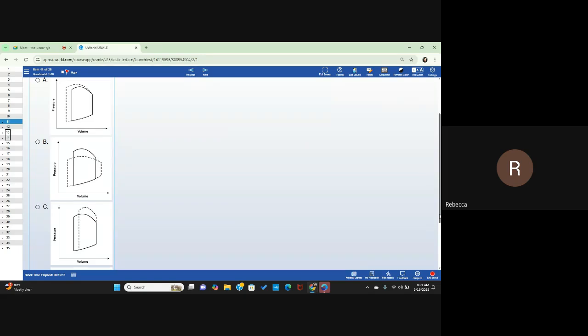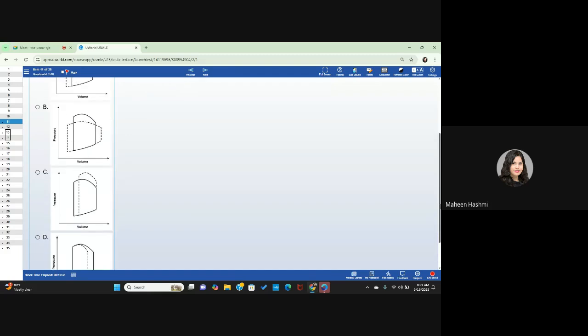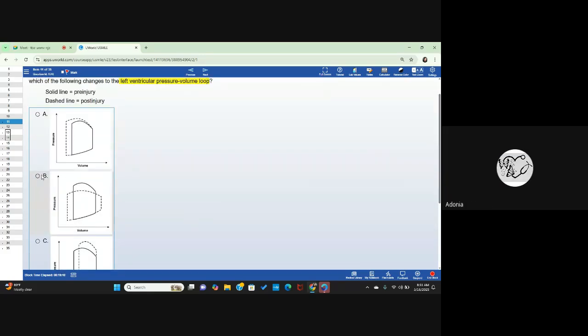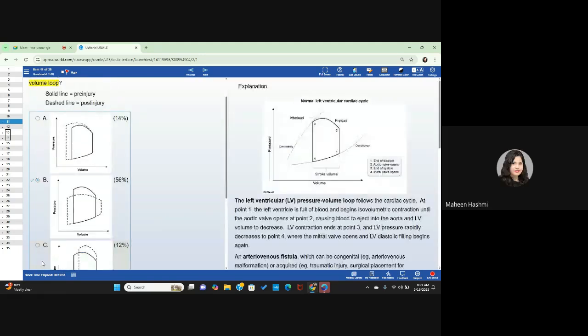So I'll go for B. What will happen in AV fistula? Okay, what does happen in AV fistula? The total peripheral resistance will decrease, so the preload and everything else should increase. Of course. So what's going to happen? A, B, C, or D? B, as in boy. B, yes. Very good. All right.